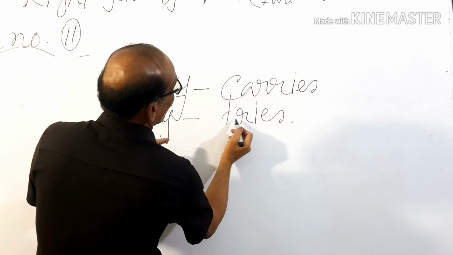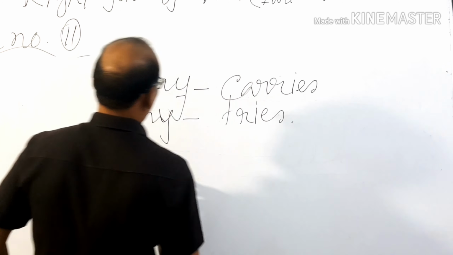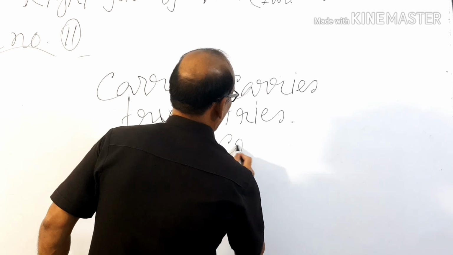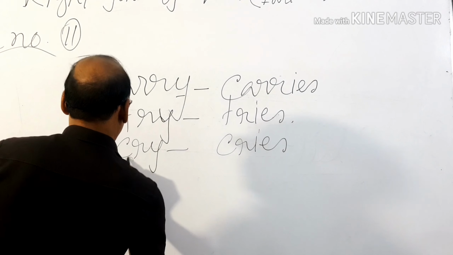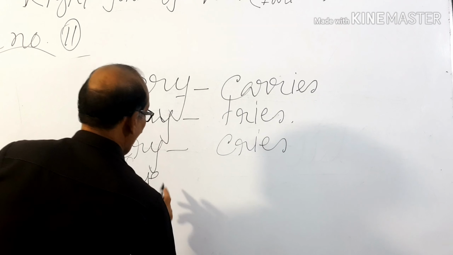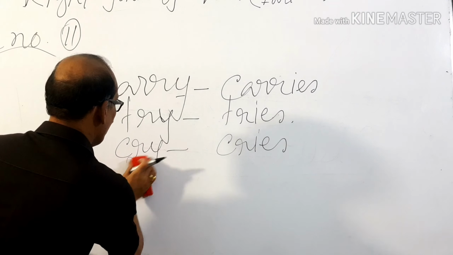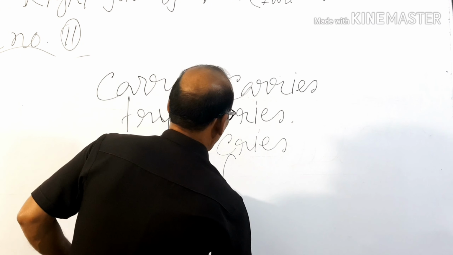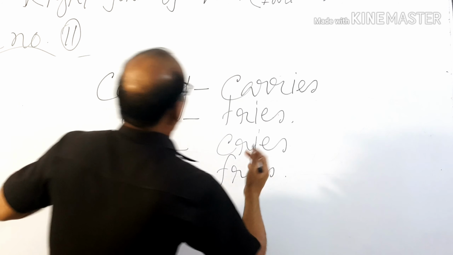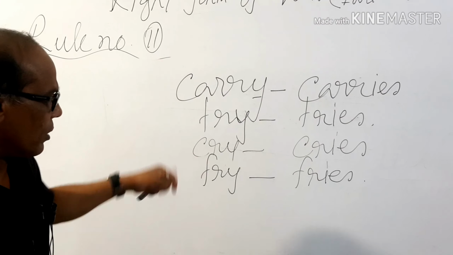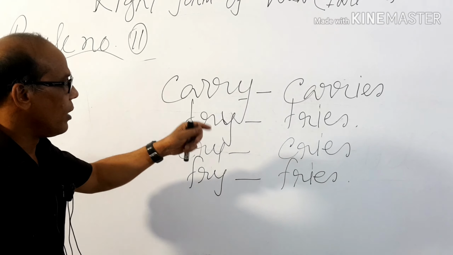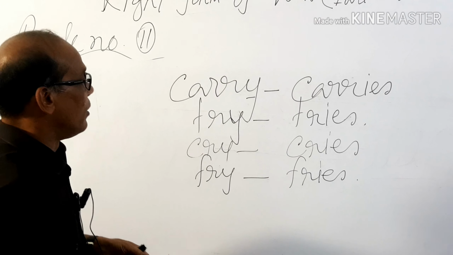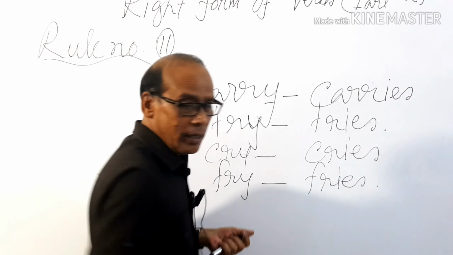Here Y will be replaced by I, and then es will be added. Cry, cries. Fry, fries. In this way, there may be some other words ending in Y and preceded by any consonant. That Y will be replaced by I, and then we will have to add es.